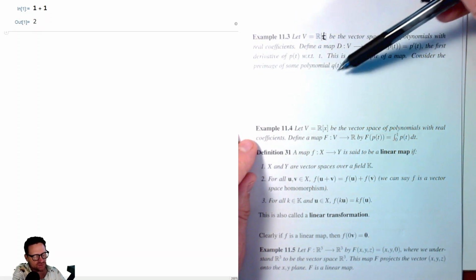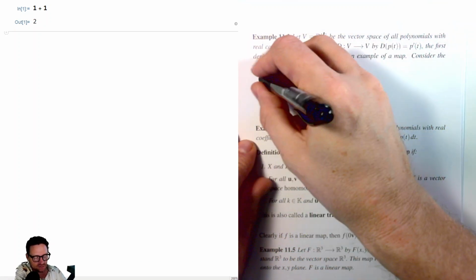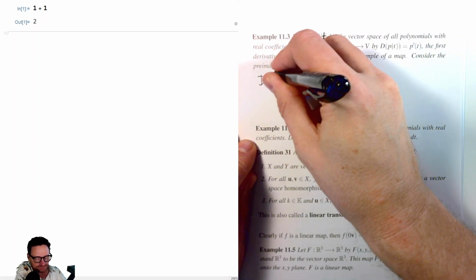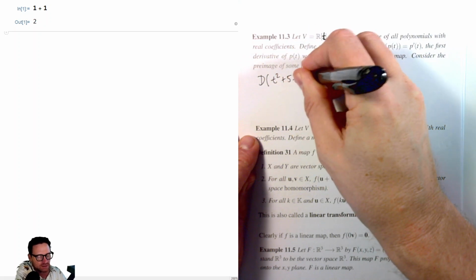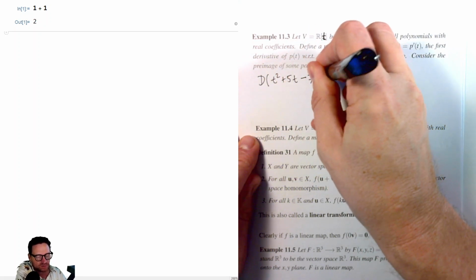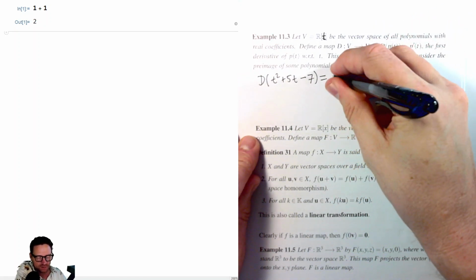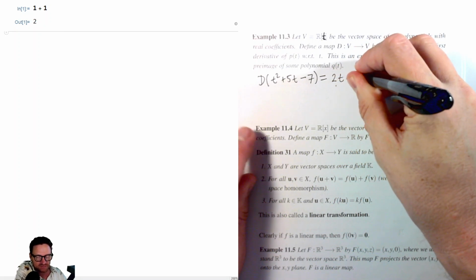Now consider the preimage of some polynomial q of t. First, let's take a look at what this map does. So D of, say, t squared plus 5t minus 7, for example, this differentiates, and so we get 2t plus 5.